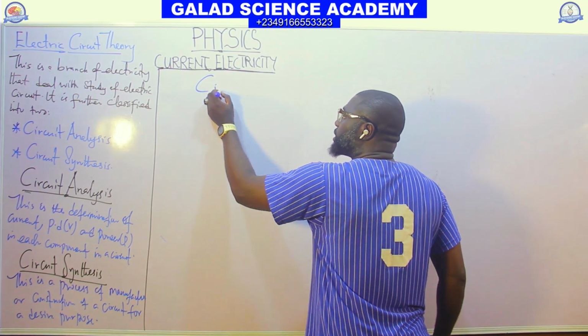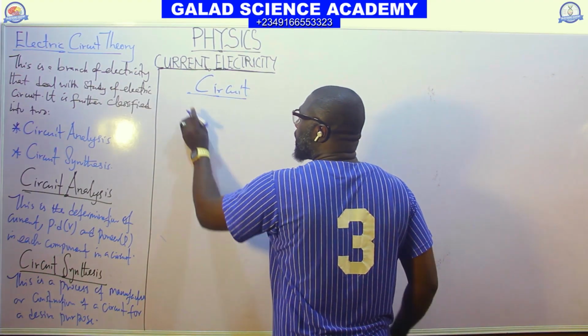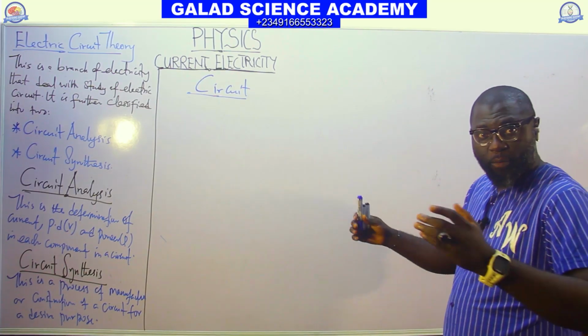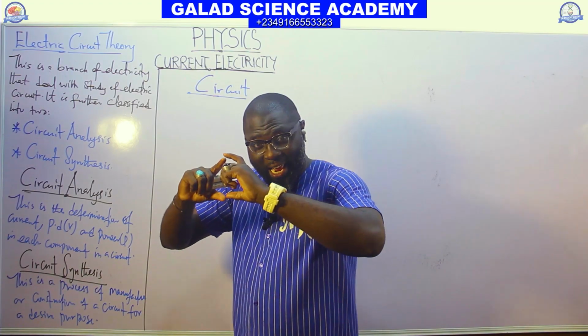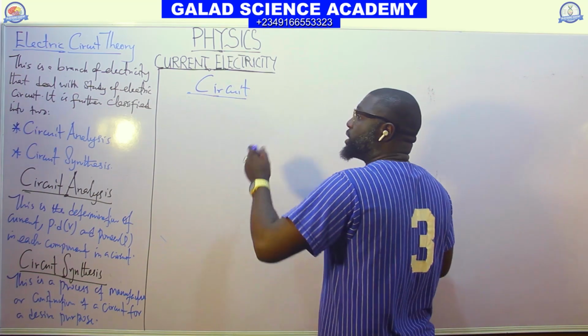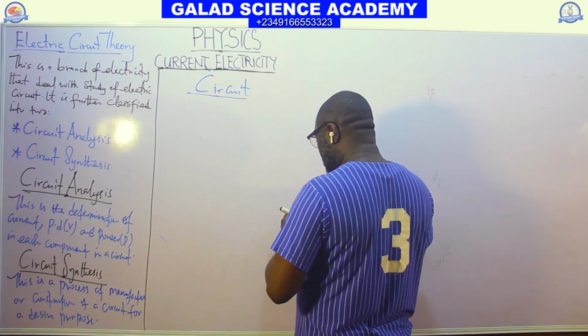So let's look at the word circuit. A circuit is defined as the connection of wire, the process of connecting a battery to wire and a lamp. We call it a circuit.